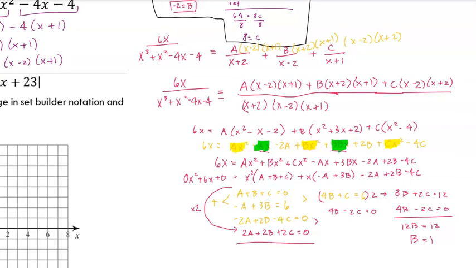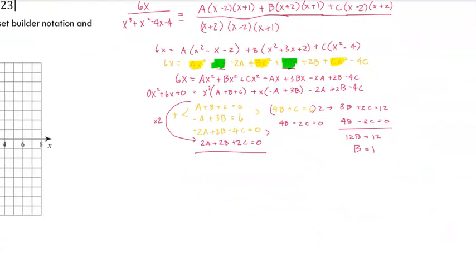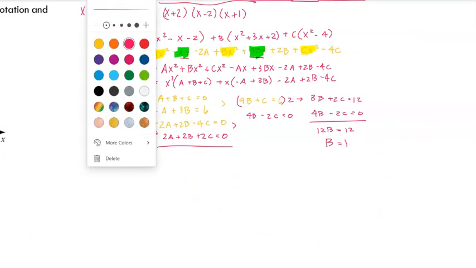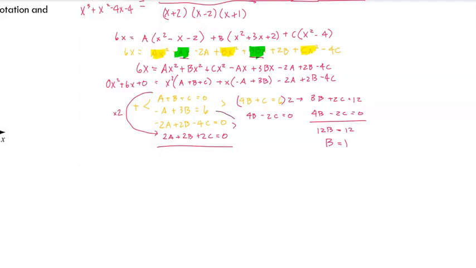Okay. Now I'm going to use this equation right here, negative a plus 3 times 1 equals 6. And so 3 minus 6 equals a. So negative 3 equals a.